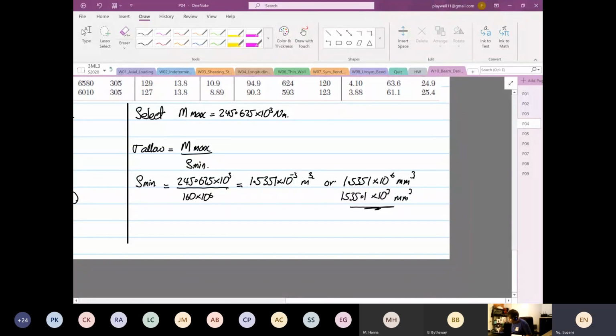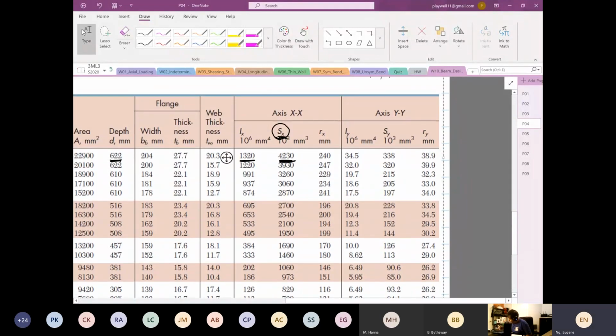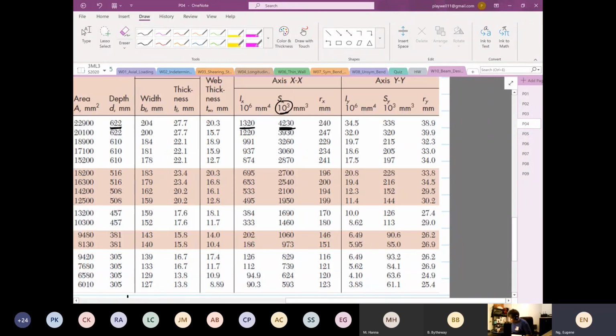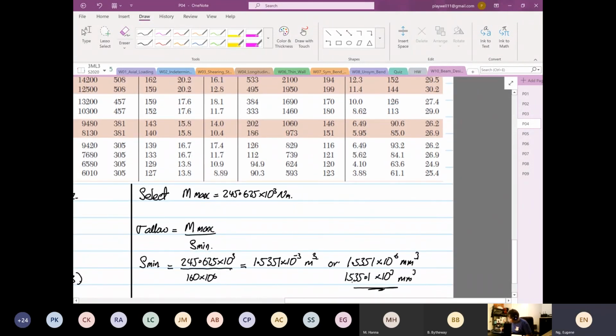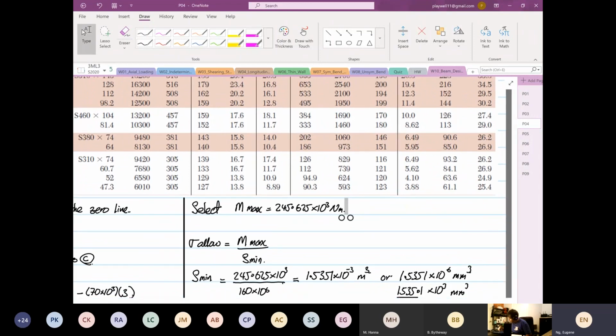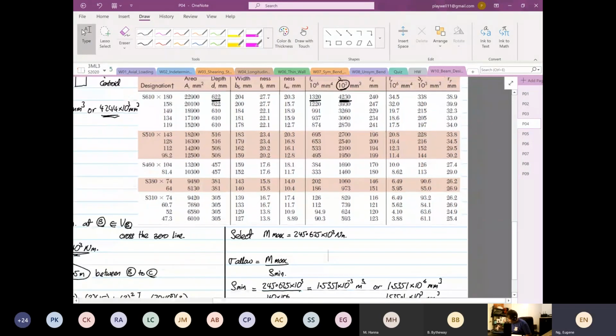Okay, why is that? Because if you look at the units here, it's times 10 to the power 3. Now we have this. The minimum is 1535.1. Okay, so if we look at our table now.